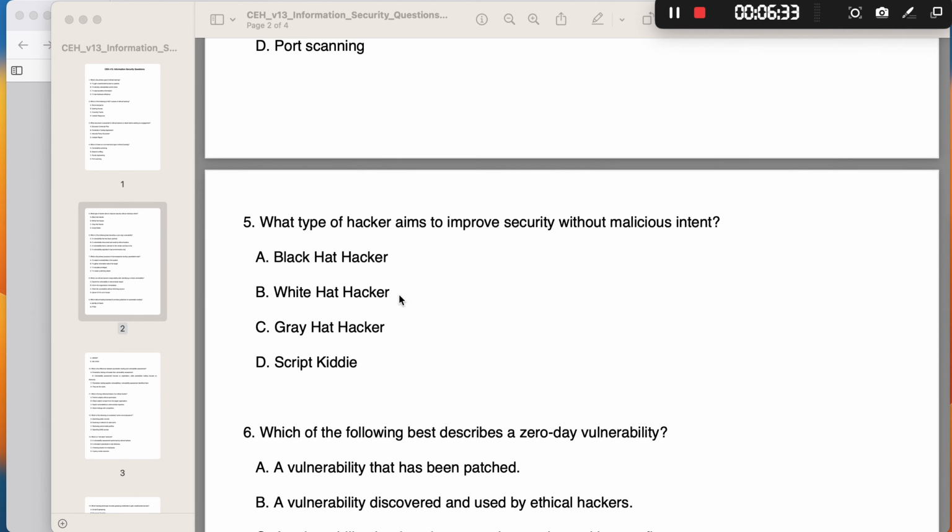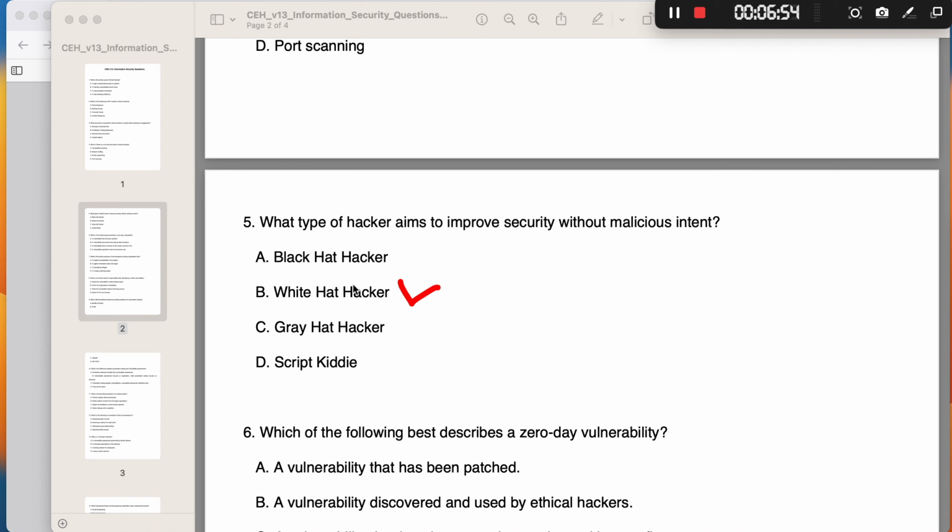The answer to this question is white hat, and that's one of those terms that has been around since forever. Black hat is like the hacker that you see on TV, malicious actors. The white hat is the ethical hacker, somebody who improves the security of the organization you're testing, conducting audits.